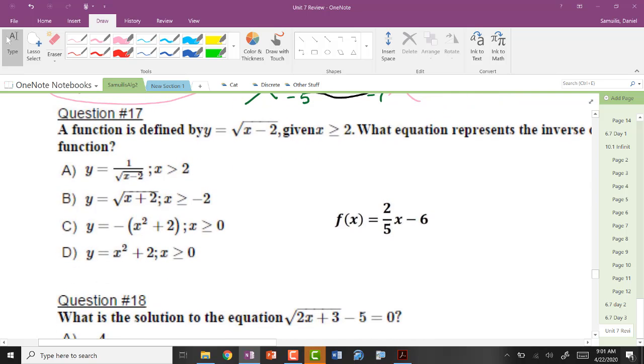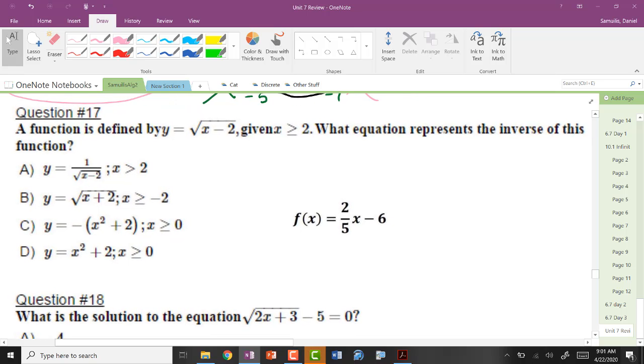All right, so once again, we have another inverse question. What's the inverse given by this solution? So the inverse, again, I'm going to switch the x and the y and solve. So I will square both sides. I'm not quite sure what this thing is.